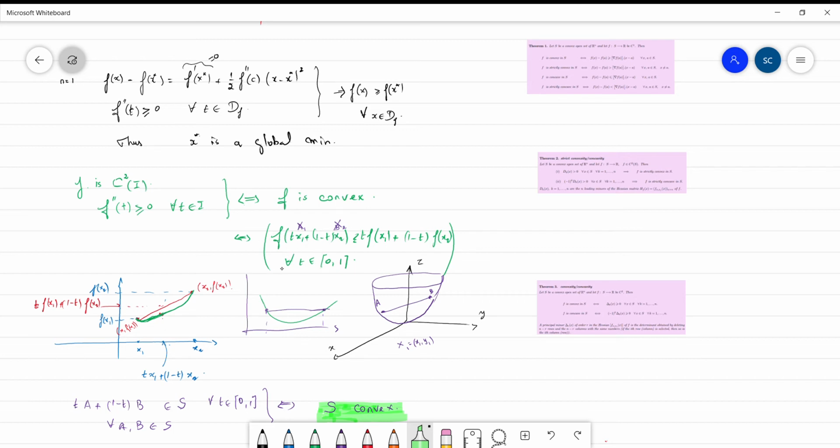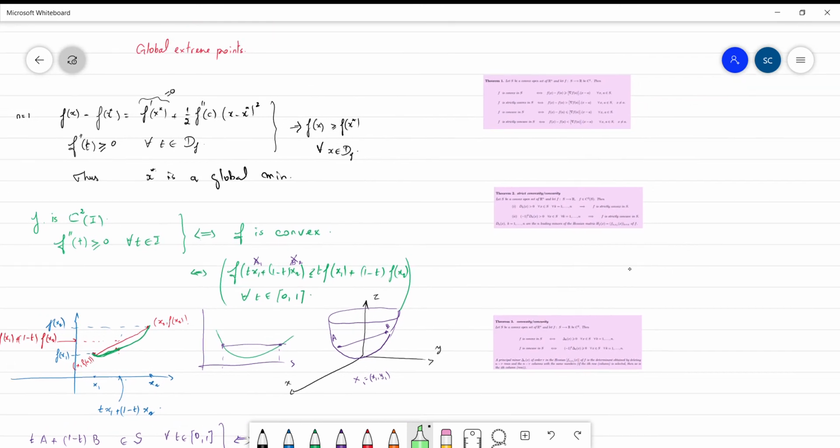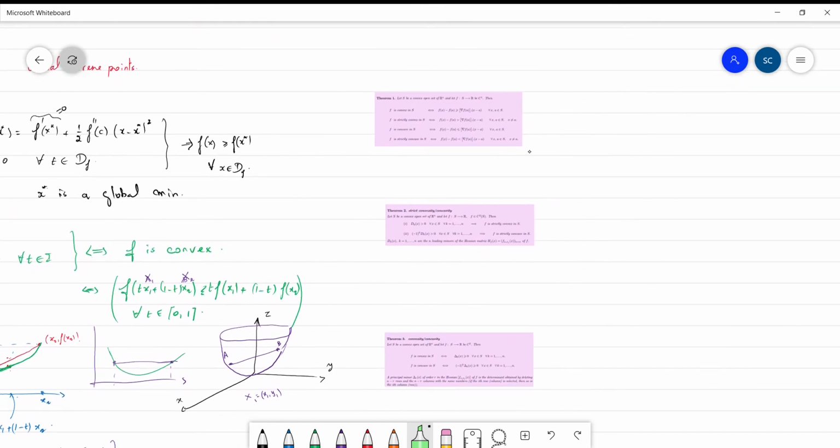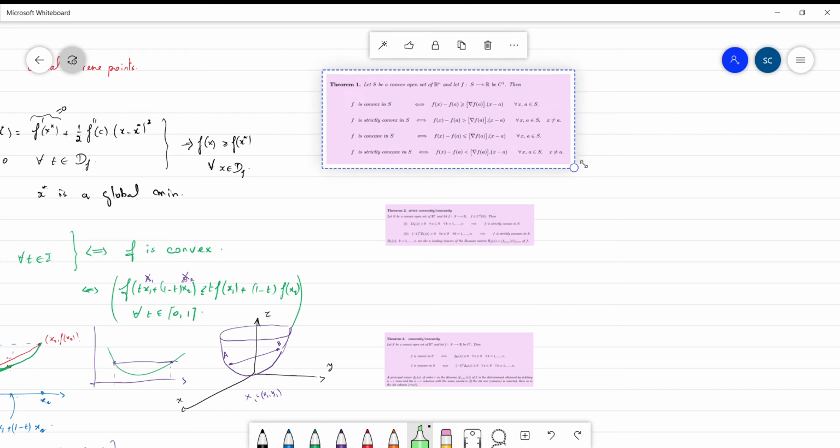Your formula can be as complex as you cannot imagine, so checking such an inequality is not easy. So here are three main theorems. Let's read the theorems, explore them, understand their assumptions, and see how we can apply them.